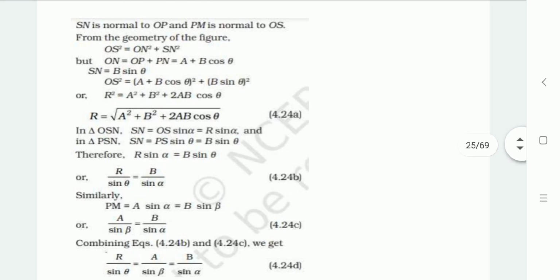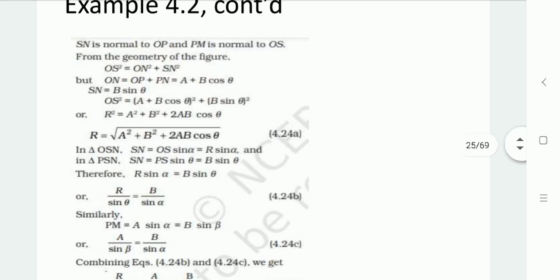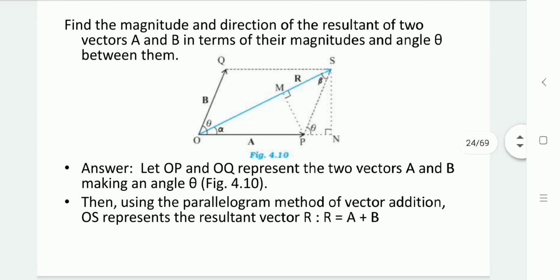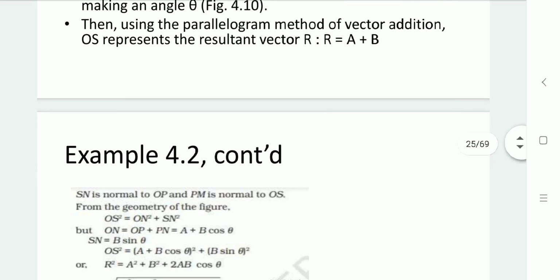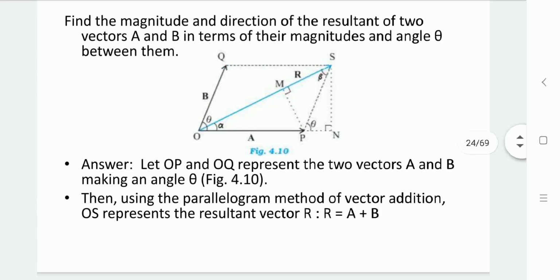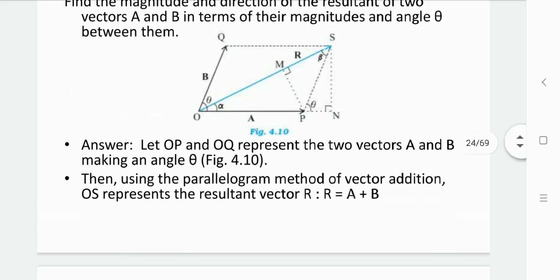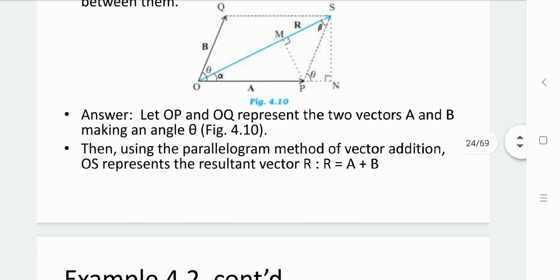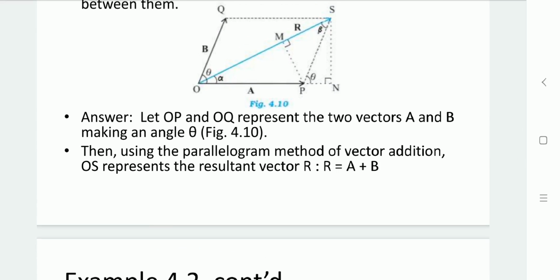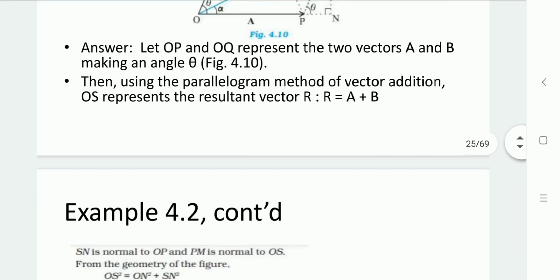So from the geometry of the triangle SNP, as you can see, if we take the large triangle OSN, then OS square equals SN square plus ON square.